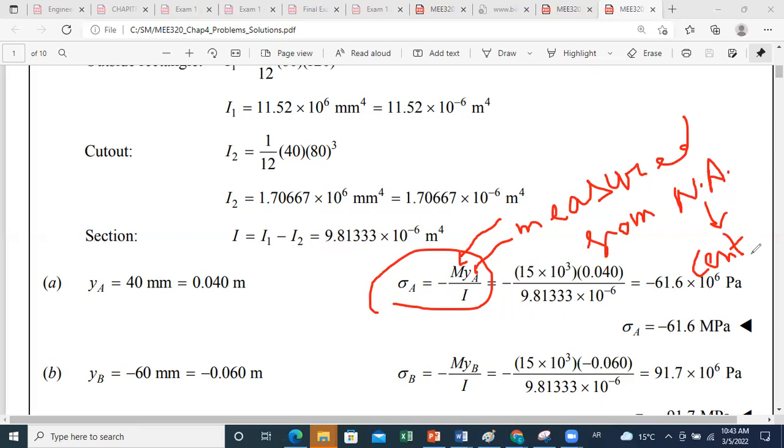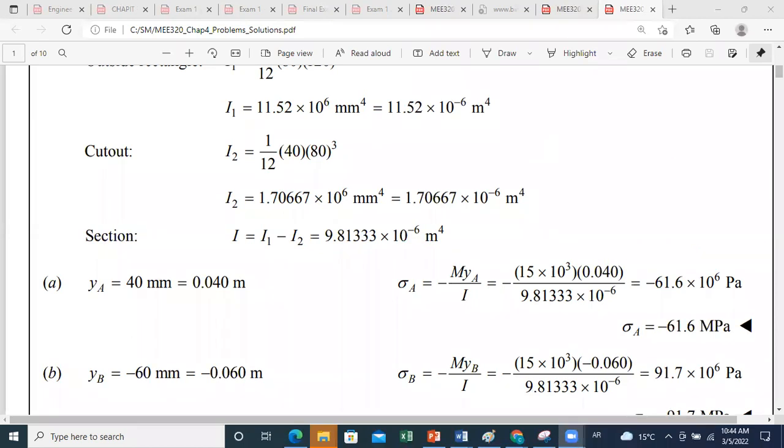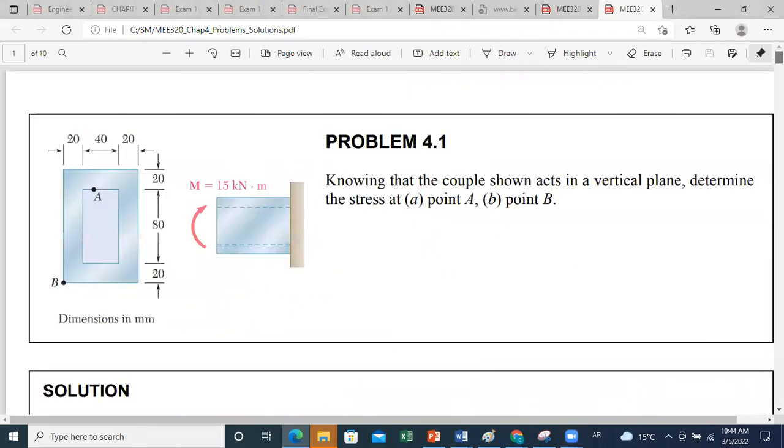So the first step, in order to be able to solve for my stresses at different points, is to determine the position of my centroid to find the neutral axis location. Then I should also determine the inertia of my section about this axis. And then I can replace into these equations to get the stress at any point I want. So the strategy will be first to look at my section, determine the position of the neutral axis, find the inertia about the neutral axis, and then apply the formula.